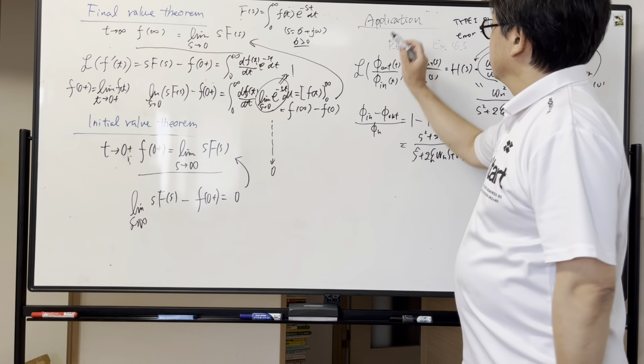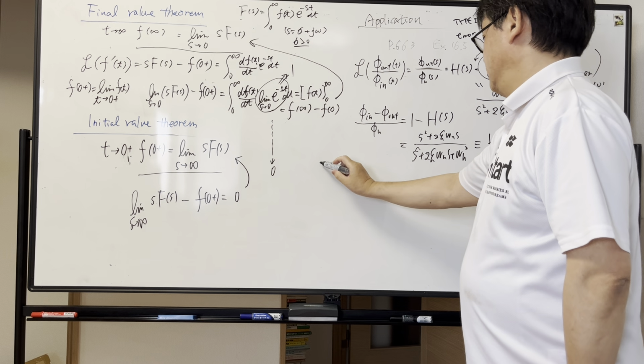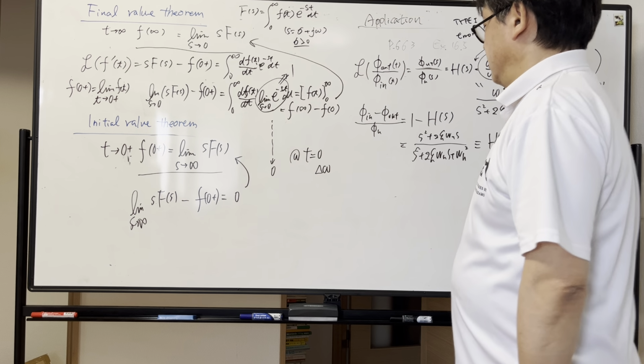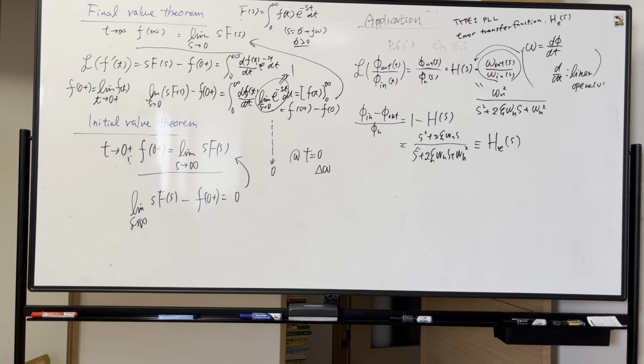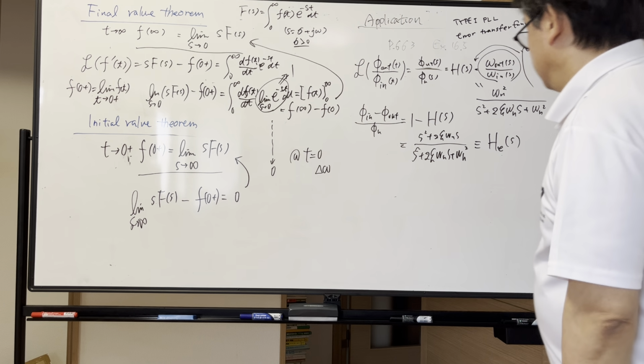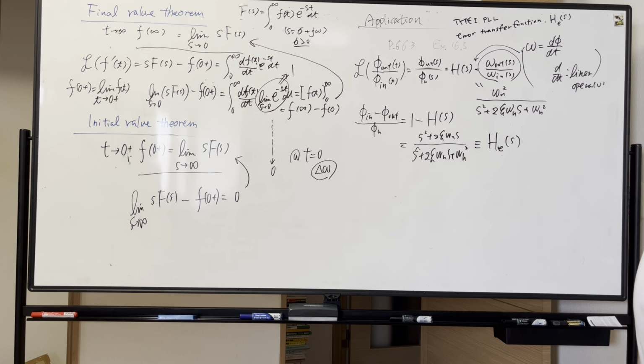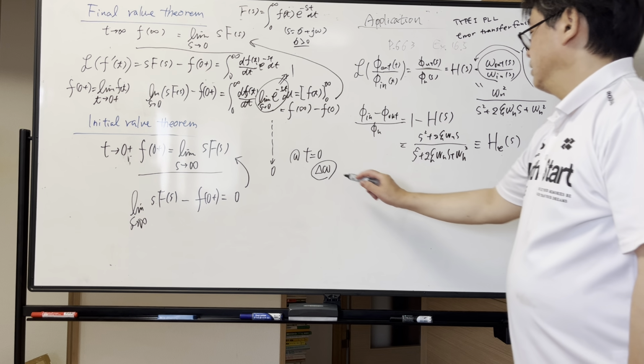In this example 16.5, if at time t equals 0 a delta omega is applied for some reason, what is the final stabilized phase shift after this application? This is about omega, and this is about phase, so we need to change this to a phase step.